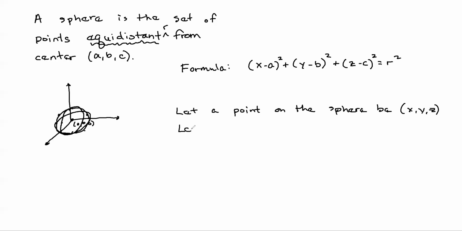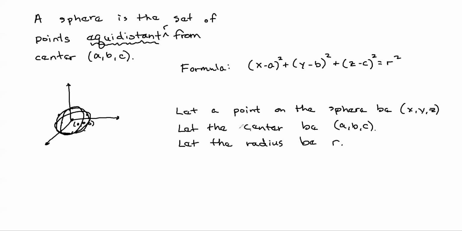And then you could say, let the center be ABC, and let the radius be R. Okay. And then again, going back to the definition, a sphere is a set of points that are equidistant from the center ABC. So if you take a point and ABC and you calculate the distance between them, you should get R.